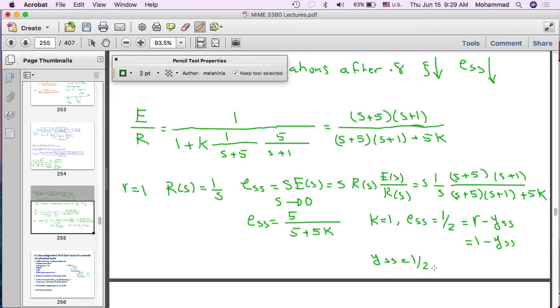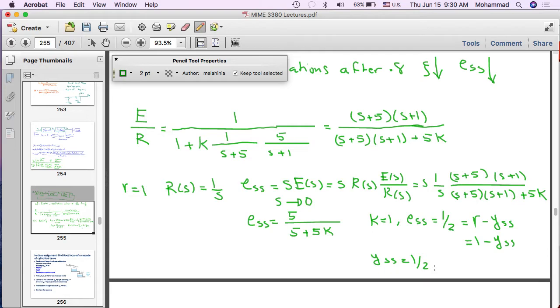So yellow is y steady state, which is the level of the second tank. And you can verify that. If k is, what is another easy number to calculate? If k is 2, for example, that is 10 plus 5, 15, 5 over 15, 1/3. So for k of 2, steady state error is 1/3.